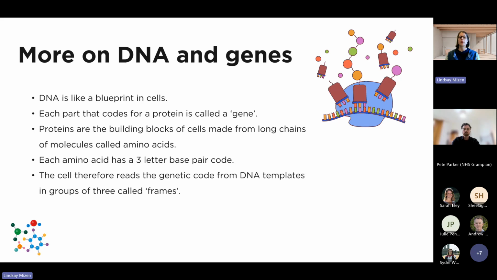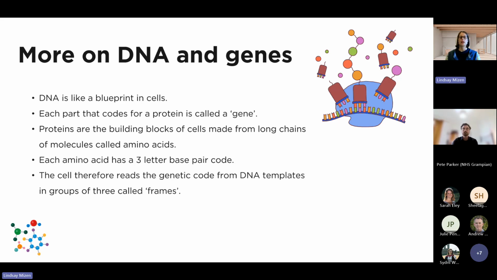And each part of the DNA that gives that instruction for a protein is a gene. Proteins are building blocks of cells, essentially. They have lots of different functions. They are made from long chains of smaller molecules called amino acids.